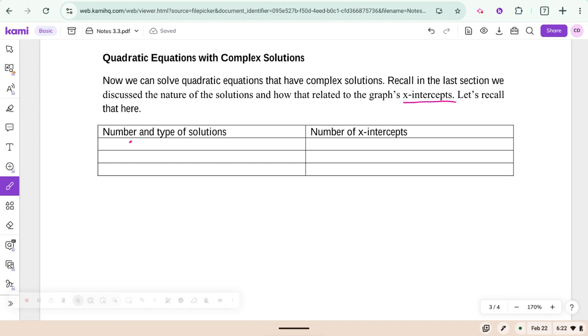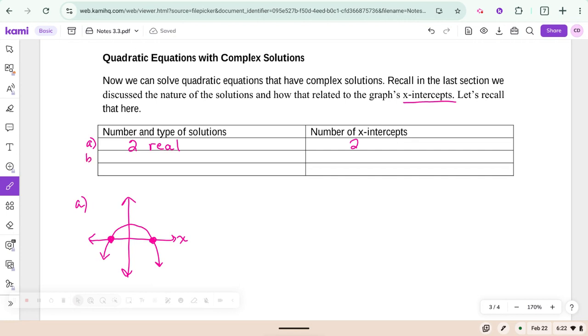We know that if you have two real solutions, you're going to have two x-intercepts. An example of that would be, I'm going to call this A, that you would graph the parabola and it would cross the x-axis twice. And those would be your two real solutions.